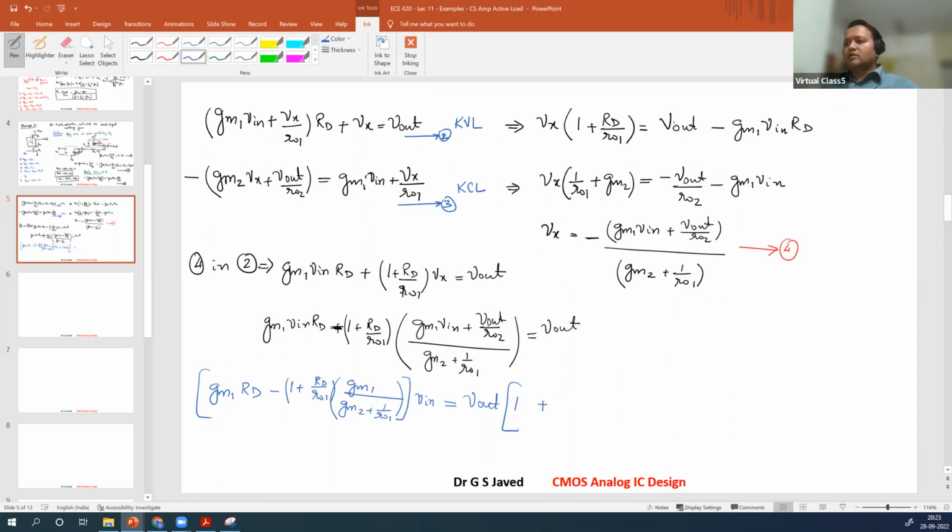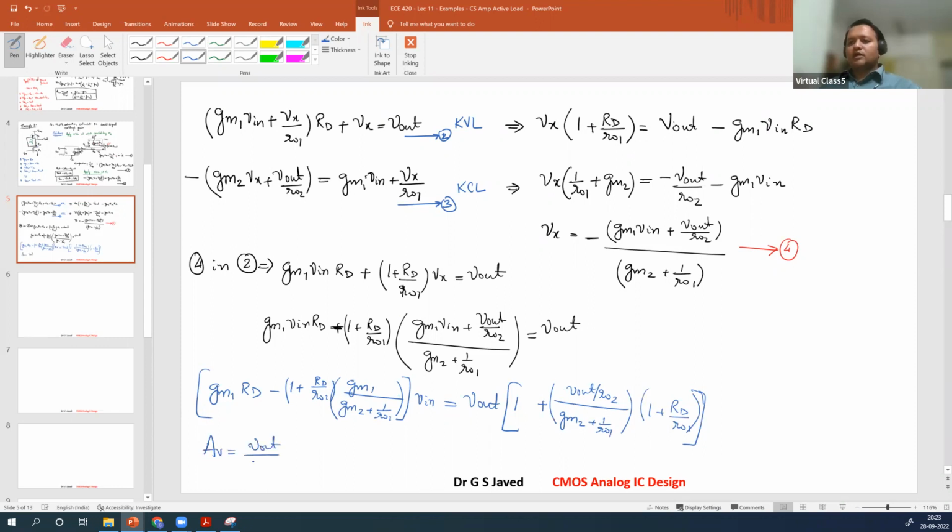What is this factor? Vout by RO2 divided by gm2 plus 1 over RO1. This multiplied by this factor 1 plus RD by RO1. If you divide these two, you get AV.